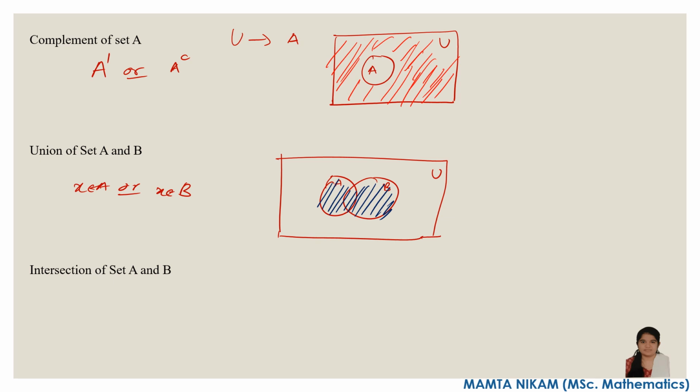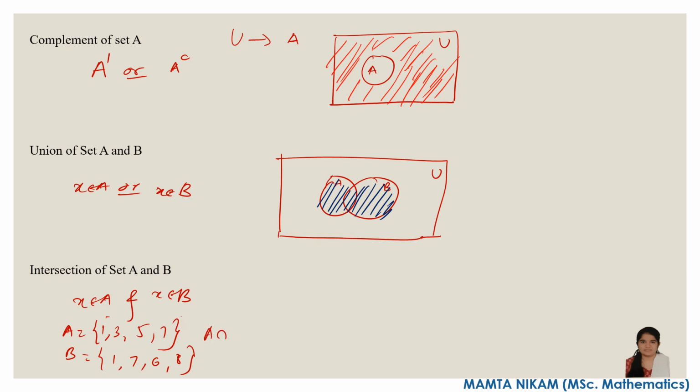Whereas intersection: x belongs to A and x belongs to B, meaning we take only what is common to both. For example, set A is 1, 3, 5, 7, and set B is 1, 7, 6, 8.